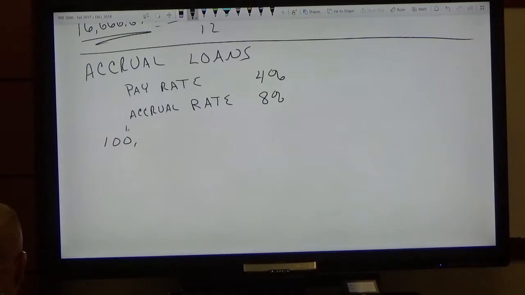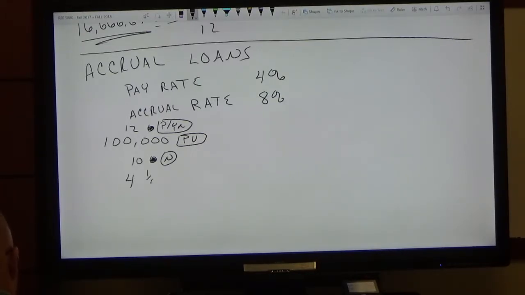Let's just say we set this up as 12 payments per year. We put in $100,000 as the loan amount. And what term do we want to use? It doesn't really matter. 10 years. And our pay rate is going to be this 4%.